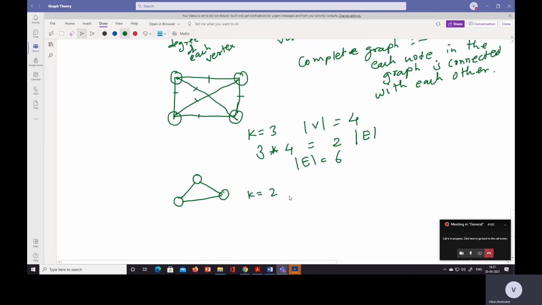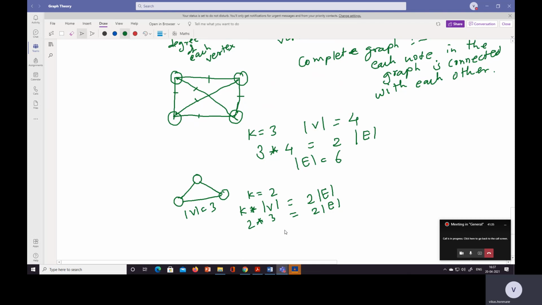Okay, so what is k here? k is equal to 2. Then we first write down the formula. k into number of vertices is equal to 2 into number of edges. So k is equal to 2, number of vertices v is equal to 3. So 2 into 3 is equal to 2 into edges.